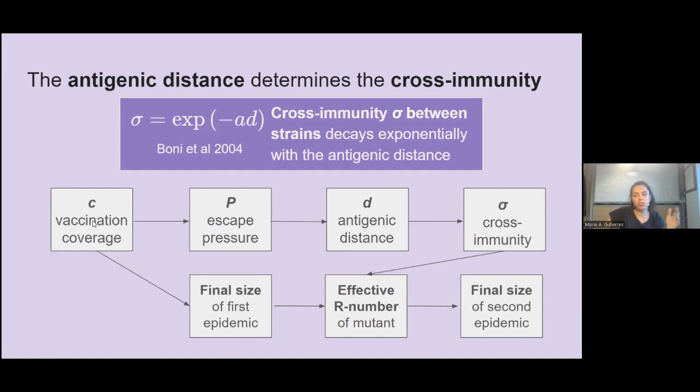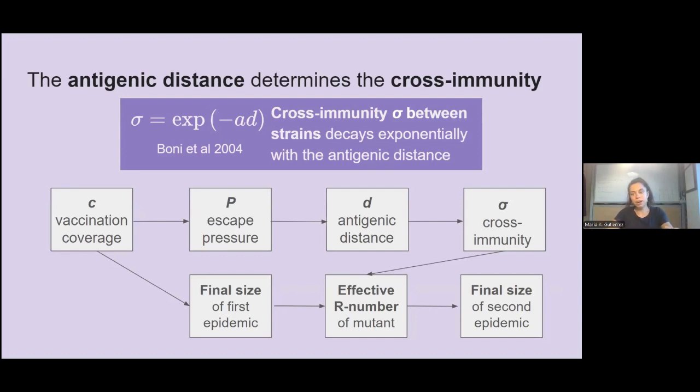The vaccination coverage also affects the final size of the first epidemic, and that's going to determine how many hosts remain susceptible after the first epidemic. Together with the cross immunity, that gives the effective reproduction number of the mutant, because that tells us how many of those susceptible hosts can be infected with the mutant strain, either because the cross immunity was not effective on them or because they were never immune in the first place.